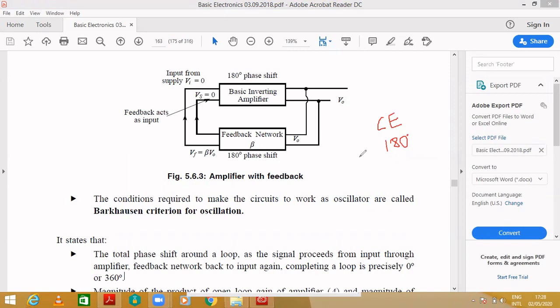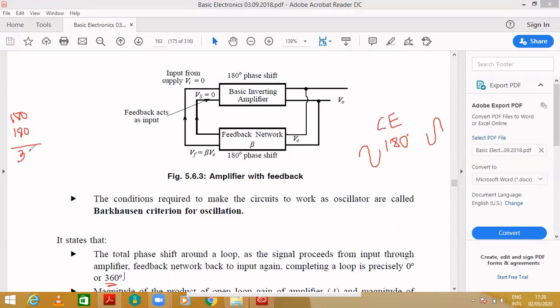That is the property of a CE amplifier. If you give input to the CE amplifier in this manner, it will produce output with a 180-degree phase shift. So the first statement tells you need 360 degree, that is 180 plus 180, which becomes 360, right?